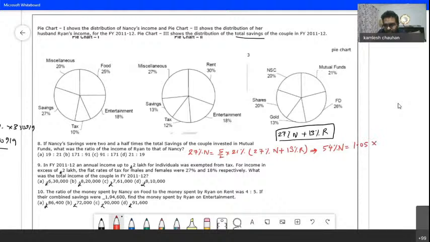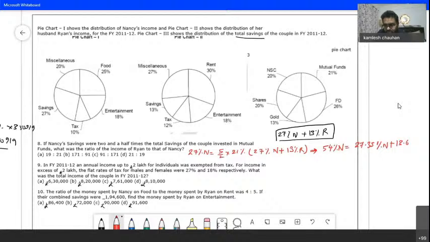And then we can write 27% of n, 105 into 13%. I could have directly calculated 105 into 27. I can directly write 27.35% of n. 105 into this number is 28.15.